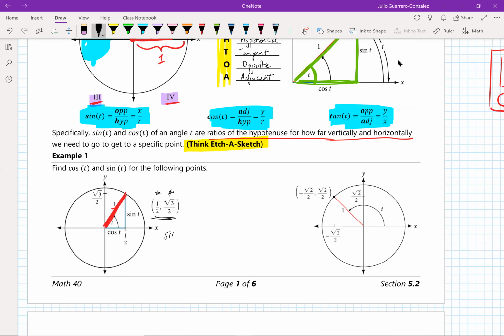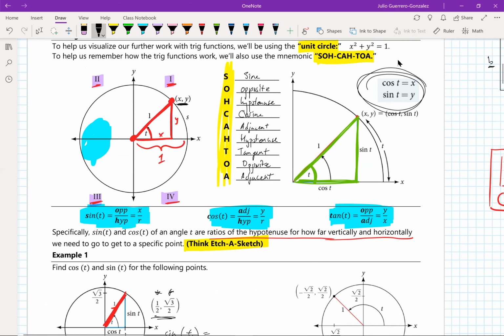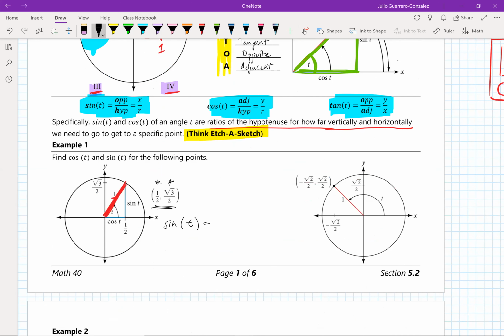So sine of some angle t is the y from up here. Okay. So the sine is going to be root 3 over 2. And the cosine of that same angle is going to be 1/2.